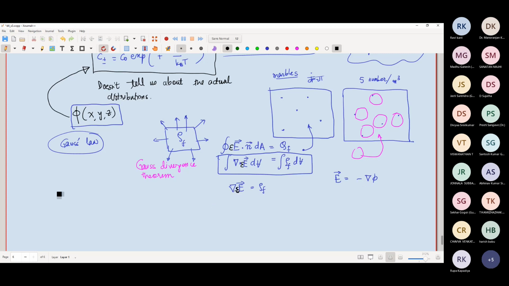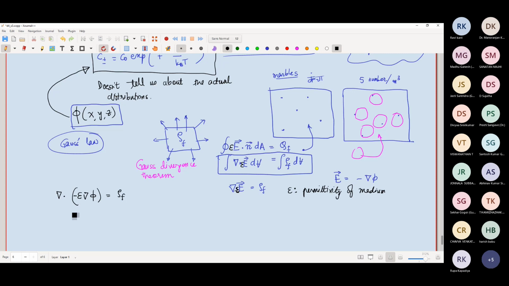So finally we have the divergence of epsilon times minus of this is equal to the free charge. So epsilon stands for the permittivity of the medium, how much the medium permits electric fields to be set up.